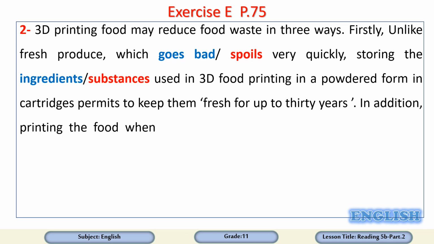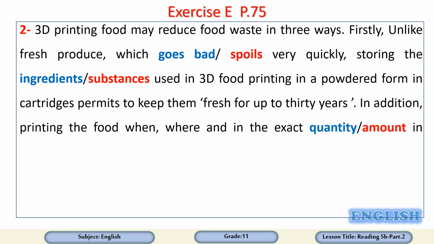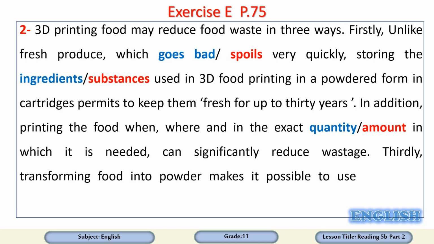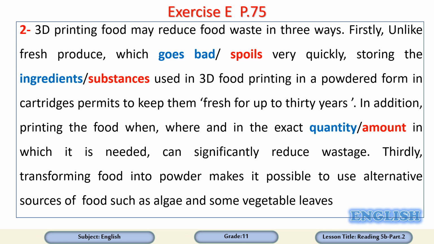In addition, printing the food when, where, and in the exact quantity which it is needed can significantly reduce wastage. Thirdly, transforming food into powder makes it possible to use alternative sources of food, such as algae and some vegetable leaves.